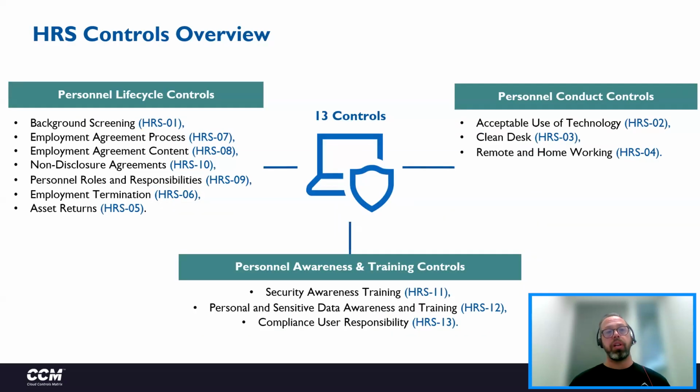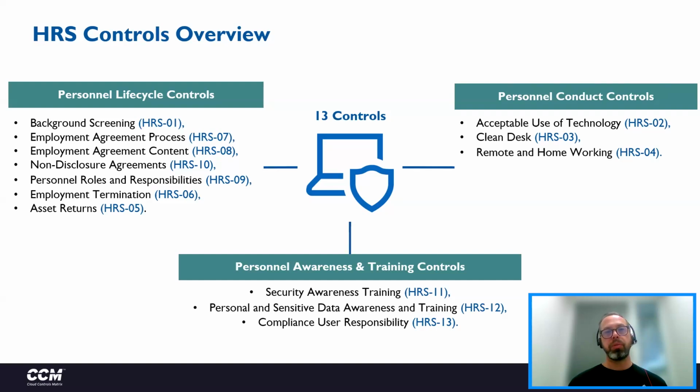In terms of the personnel lifecycle controls, the CCM gives us background screening, employee agreement processes and content, non-disclosure agreements, personnel roles and responsibilities, employment termination procedures, which is very, very important, and the return of assets. If we look at personnel conduct controls, we need to define and communicate an acceptable use of technology policy.